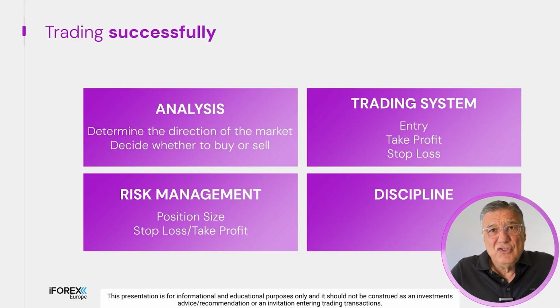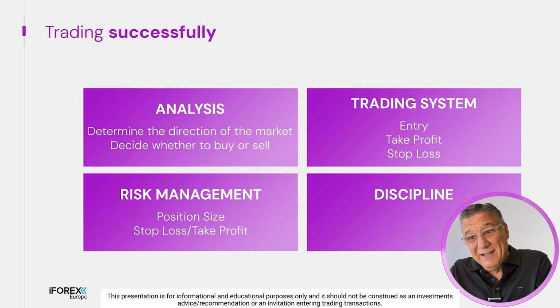So, analysis, we use chart analysis to identify the prevailing trend in the market. So we decide whether we're going to buy or sell based on our chart analysis. Then we need a trading system with precise, detailed rules when to buy, what to do. Are we going to buy?